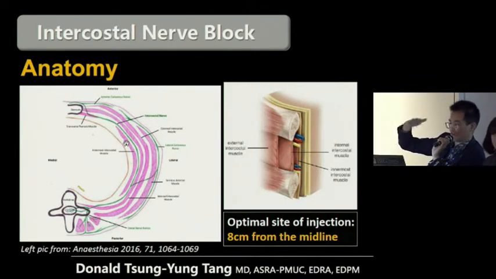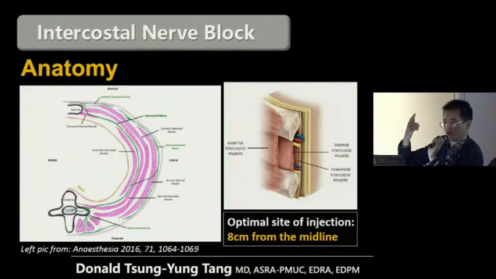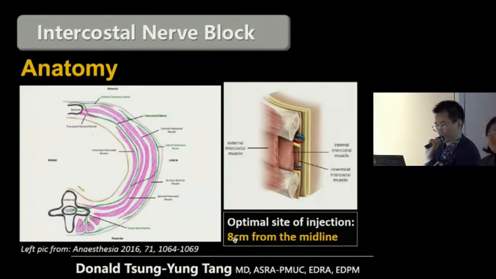So don't do it too laterally or too anteriorly, because these two nerves have separated and you will block only one nerve. If you do it about 6 to 8 centimeters from the midline, probably the nerve has not separated, so you can get two nerves in one shot.